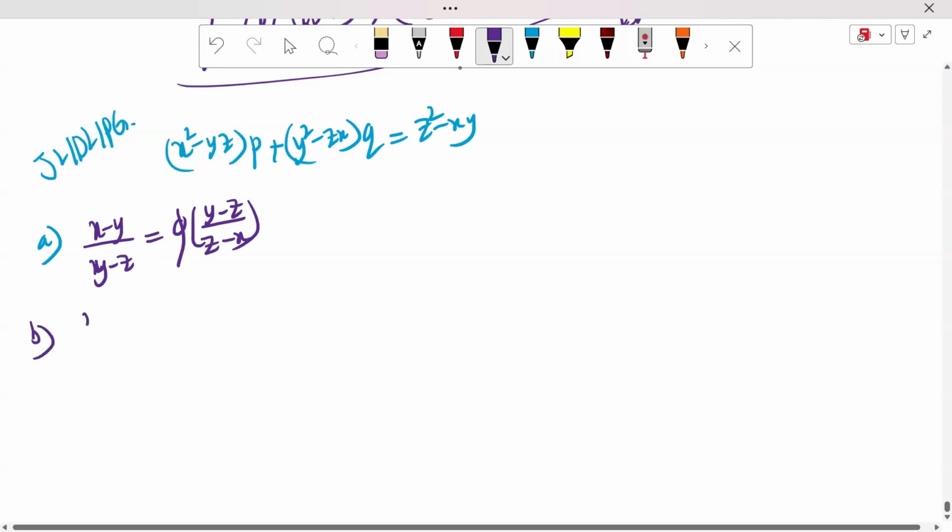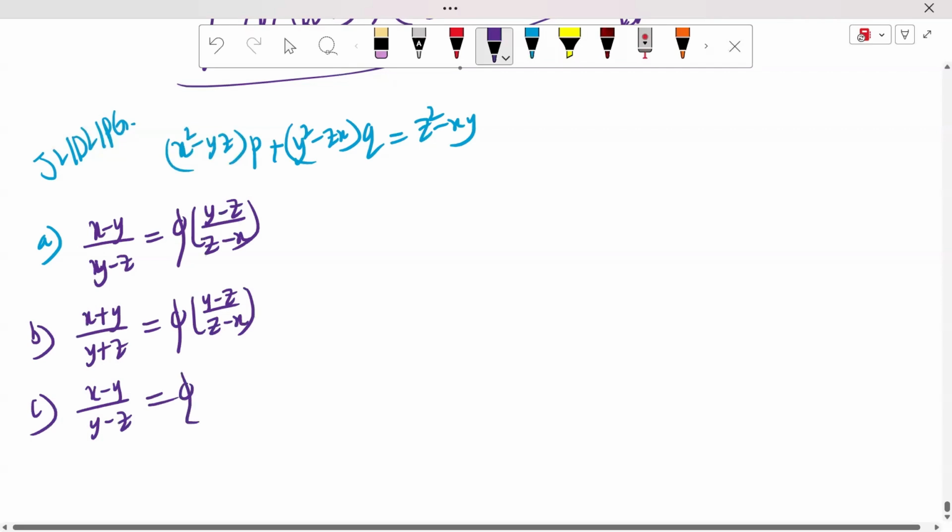Option B, (x plus y) by (y plus z) is equal to phi of (y minus x) by (z minus x), sir. Option C, (x minus y) by (y minus z) is equal to phi of (y plus z) by (z plus x), sir. Option D, it is x plus y plus z is equal to phi of y by x.